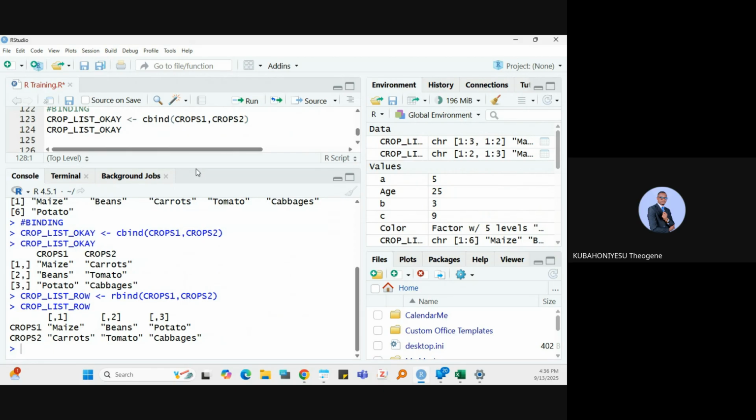This one is row wise. Each column is a row, isn't it? Now this is the title. And now this is column wise, this is row wise. So most of the case we have this kind of data, the column wise data. So C bind is mostly used because we have column wise data. So when you're working in Excel, for example, if you're looking for beans, you can use VLOOKUP because it's vertical.